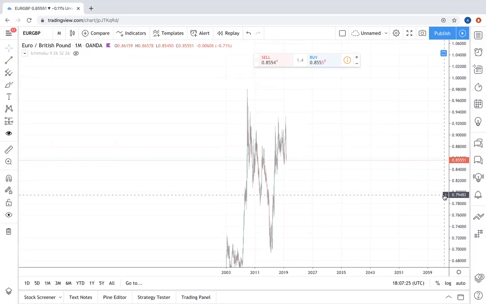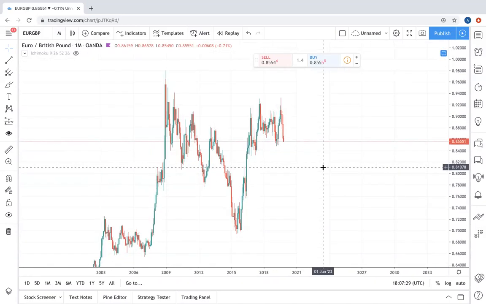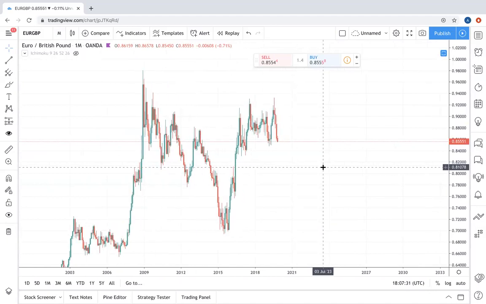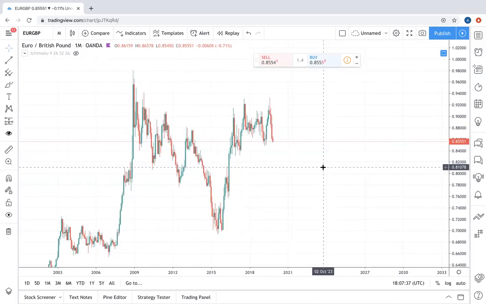Why? Because I've been finessed. You would be in a trade thinking it's going one way when in reality it's going a totally different way. So you have to look at the higher time frames to get the strongest confirmation of the trend that you're looking at.